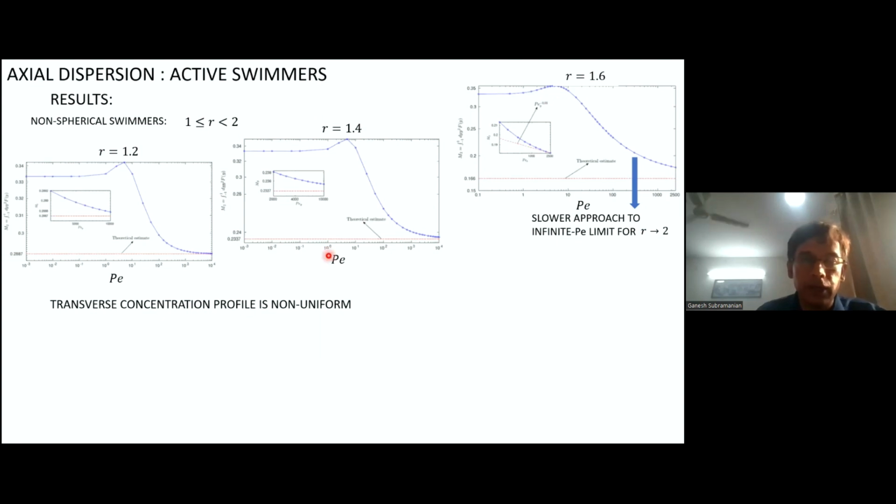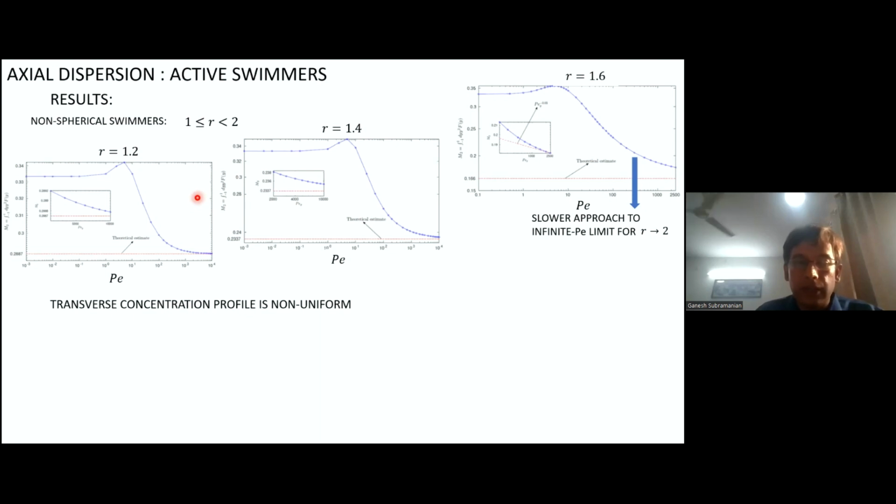Another thing some of you might have noted is that the variance is non-monotonic. It first increases before decreasing. That's just the result of the shear-induced migration reversing direction. When the swimmers move towards the wall, the variance initially increases, the high shear trapping, and then they reverse and move towards the center, so it starts to decrease.